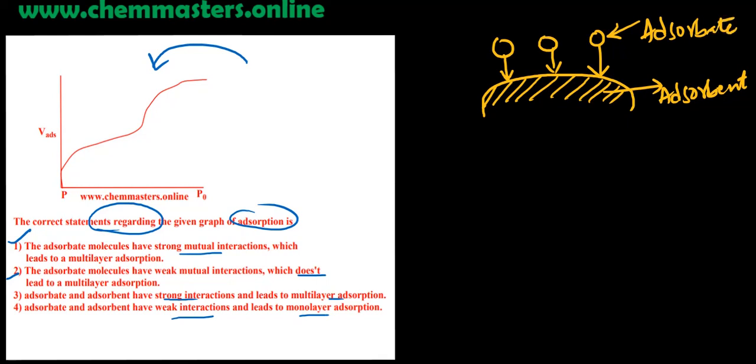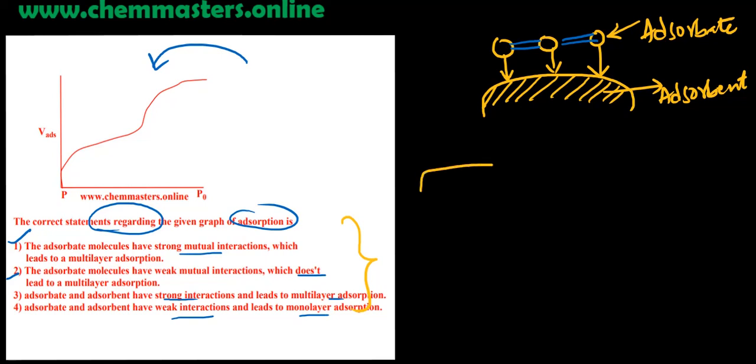Okay, now just look at some generalized properties or characteristics which lead to different graphs of adsorption, monolayer or multilayer or something. For example, if strong interactions are present between adsorbate molecules, what happens?